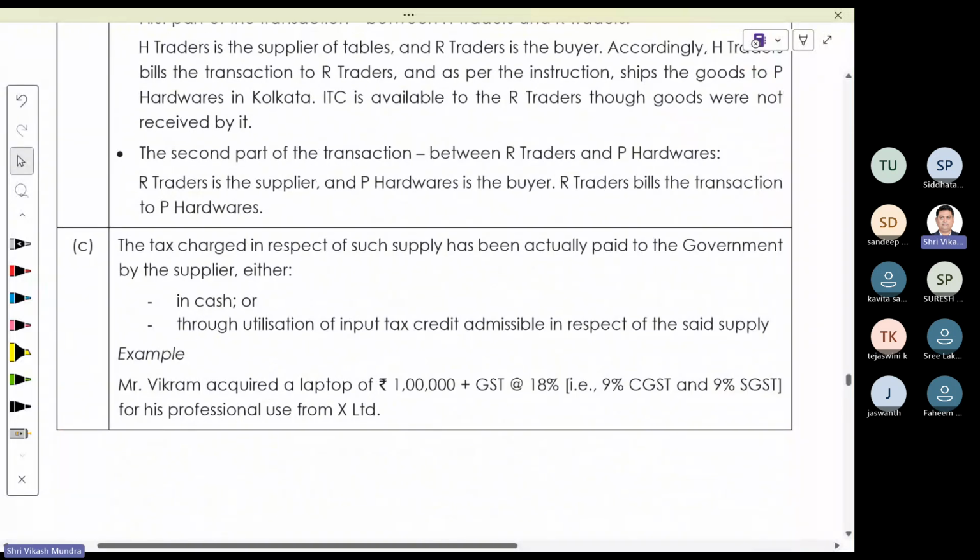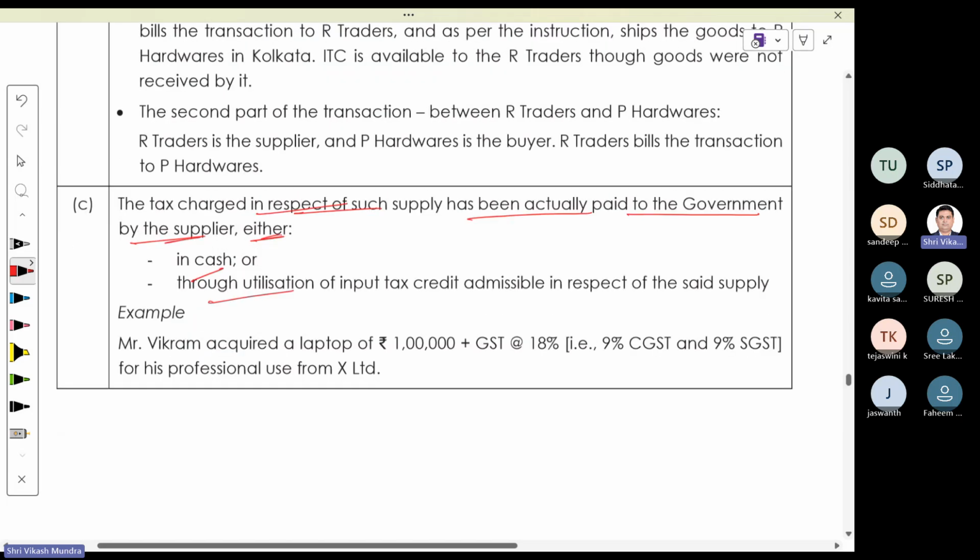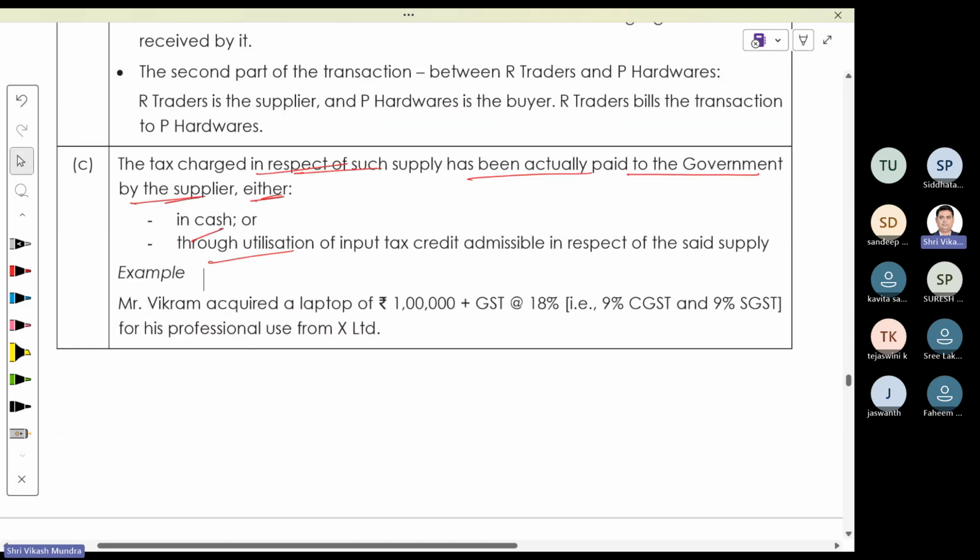Next is that the tax charged in respect of such supply has been actually paid to the government by the supplier, either in cash or through utilization of ITC. That means unless and until your supplier pays that money to the government, this is one of the greatest gray areas in the GST mechanism.